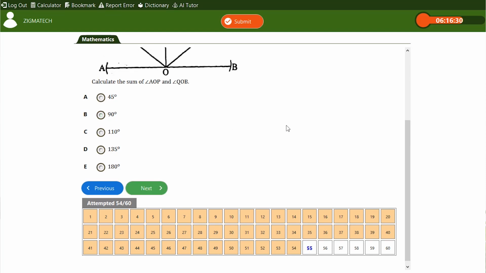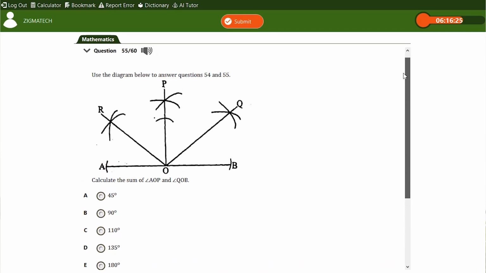Then the next one they're asking us is, 55: calculate the sum of angle AOP and angle QOB.